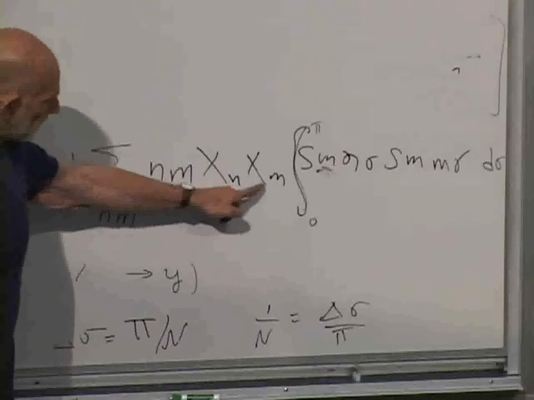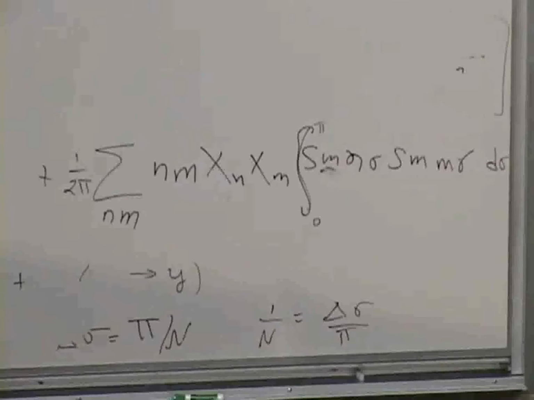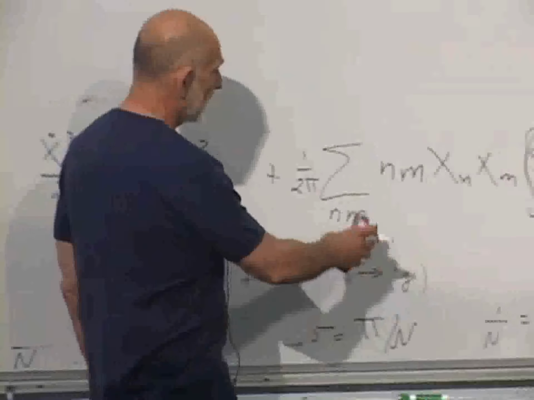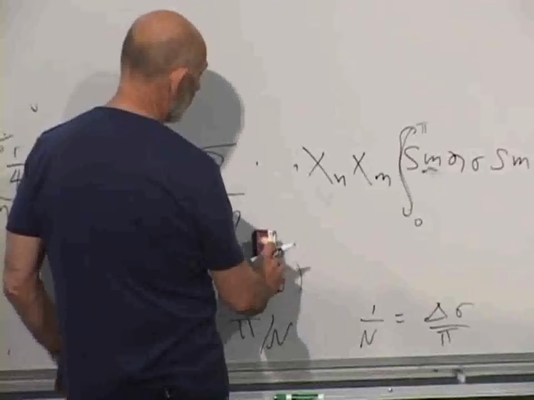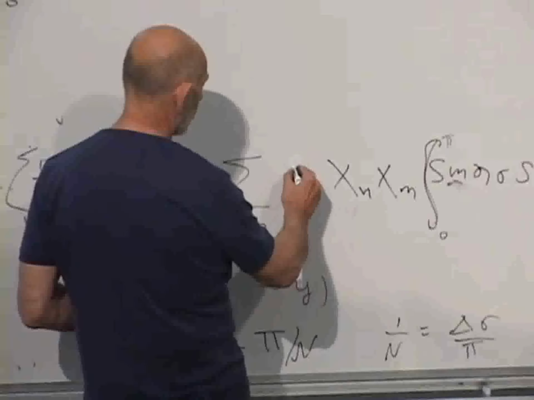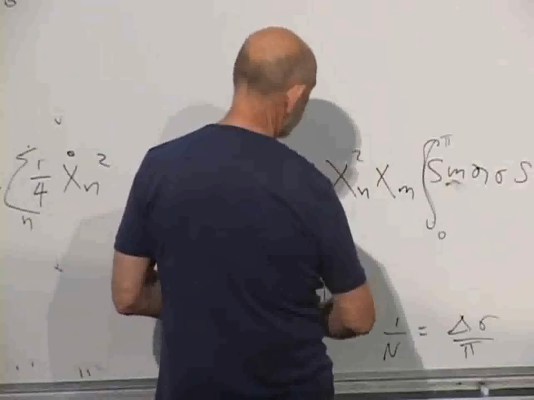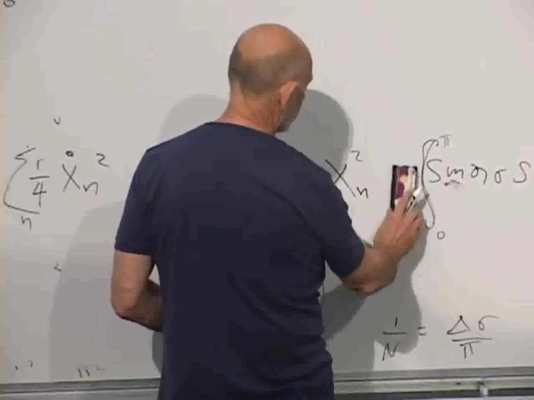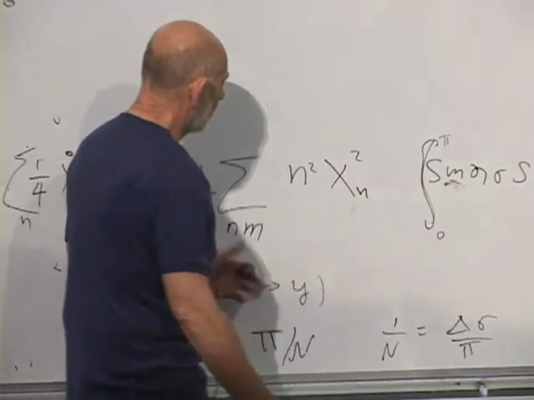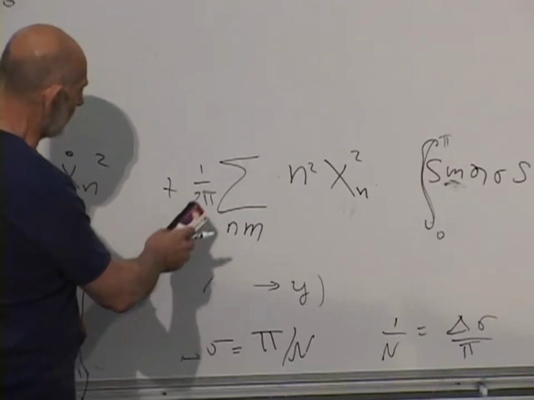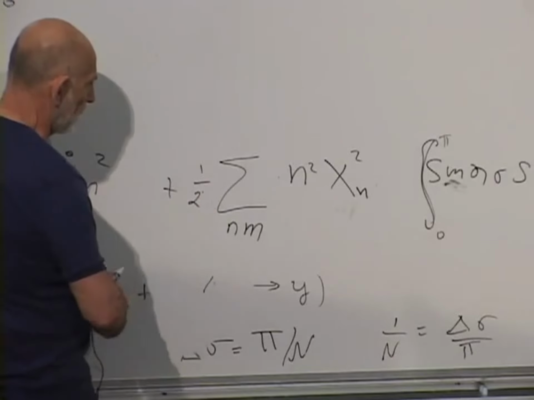We're constrained to set n equal to m by the integral. The integral will be 0 unless n equals m. So it's just n squared xn squared, then pi over 2, right? That cancels the pi and puts a 4 downstairs.